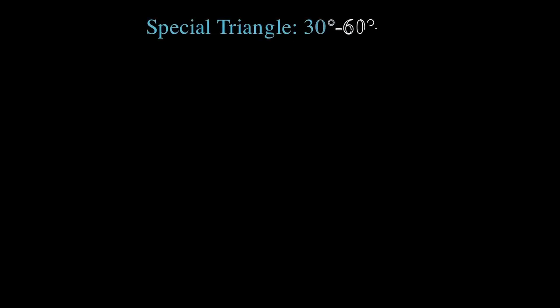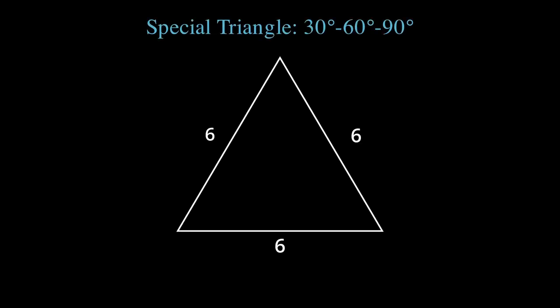The next group of crucial ratios to understand is derived from the equilateral triangle you see on the screen in front of you. As you can see, it has a length of 6 for each side. Similar to the exercise we did before, let's split this in half.